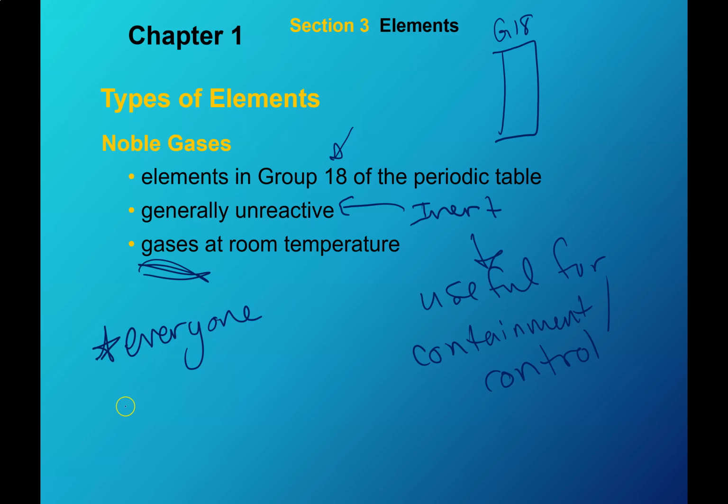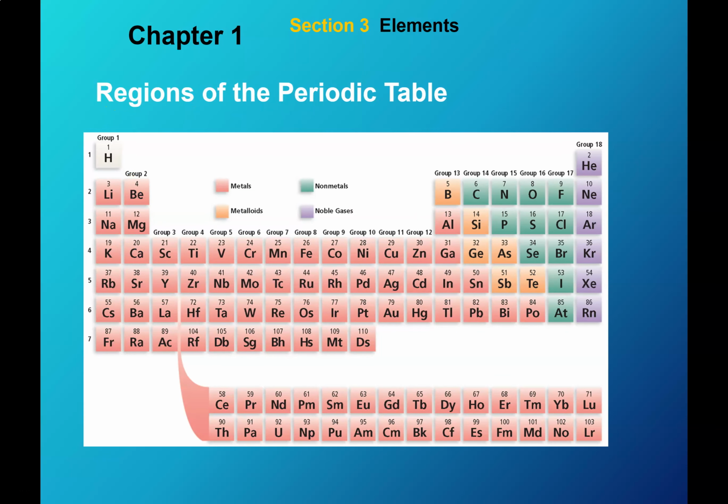And we'll talk about this theme throughout the year, but everyone wants to be a noble gas is a common theme that we'll come back to. Everybody wants to gain or lose electrons to get to a point where they have similar electron configurations of a noble gas. Again, we'll talk about what that means over the course of the year.